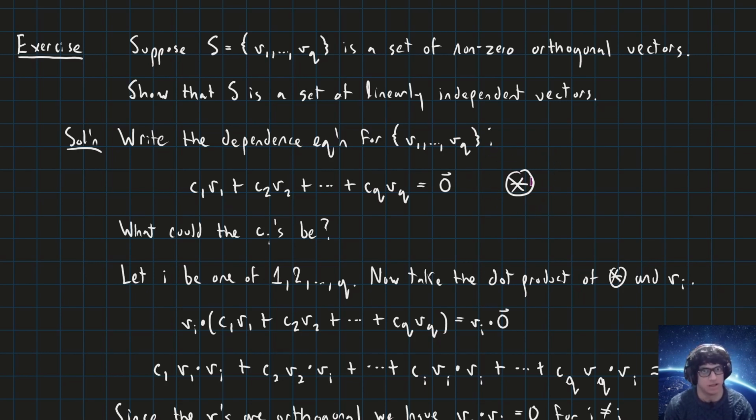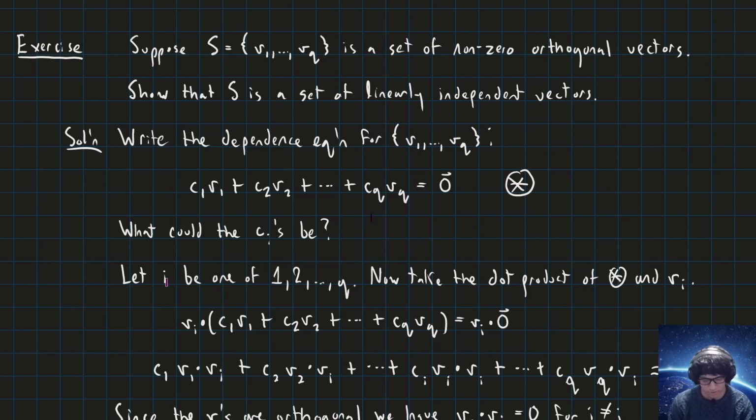And I'm going to ask, what could the ci's possibly be? Since we're trying to prove it's independent, we want to prove that the ci's can only be 0. Remember, that's the definition, that the only solution to this equation is that the c's are all 0. So this is how we're going to prove it.